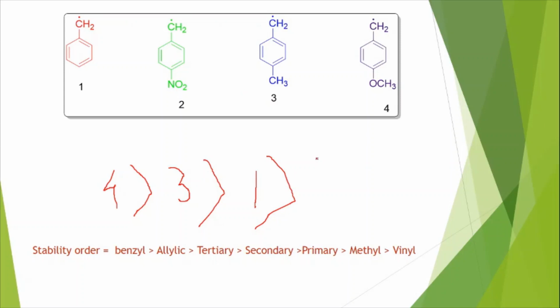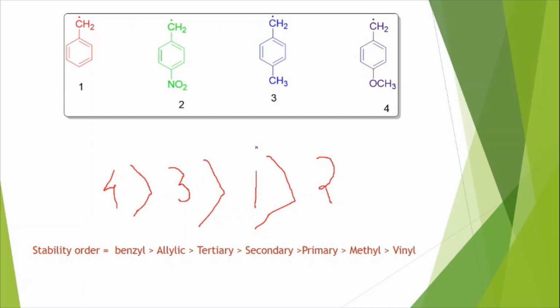And the least stable is the second one, because the nitro group is an electron withdrawing group, so it destabilizes that CH2 radical, or you can say that it removes the electron density from this CH2. It removes the electron density, so that's why it destabilizes that radical.